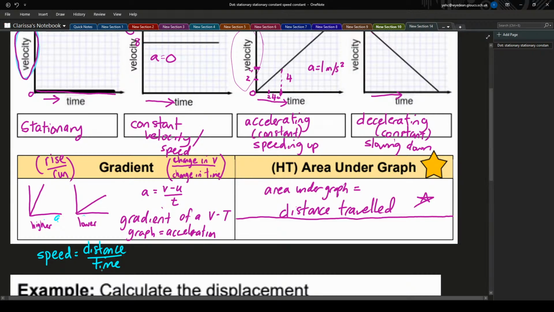Sorry, my mic cut off. The formula is just the same for velocity, it's just distance over time as well. And to calculate distance then, you just have speed times time. Just from rearranging, because you move time to the other side by timesing both sides by time. So distance is speed times time.